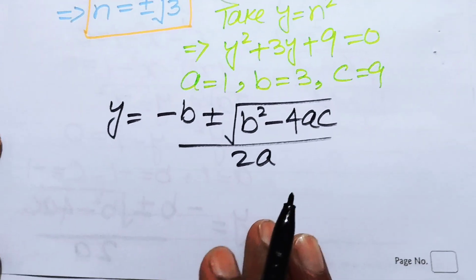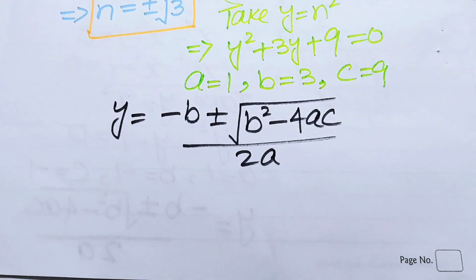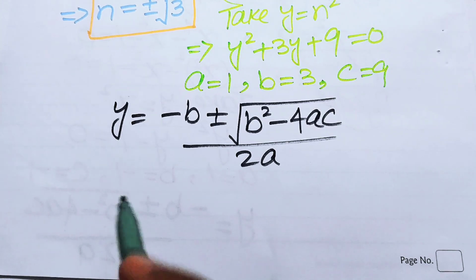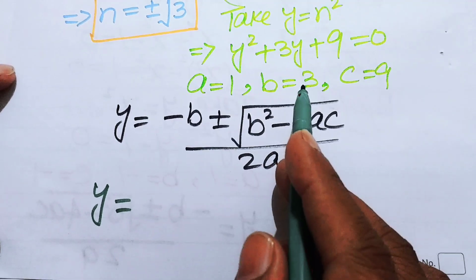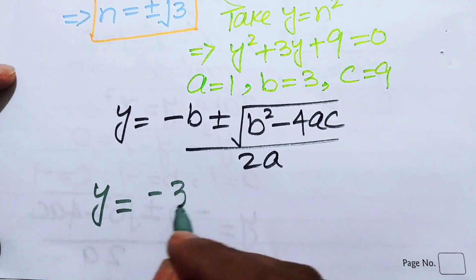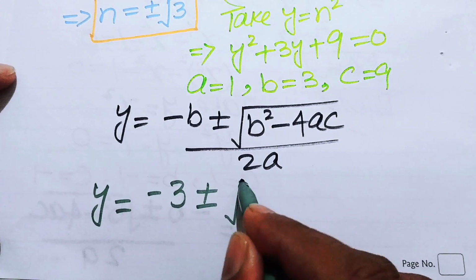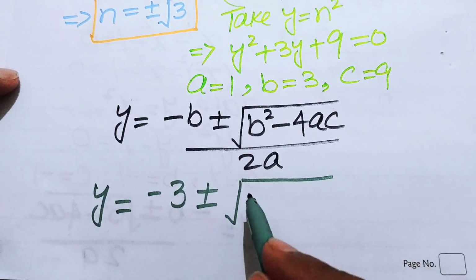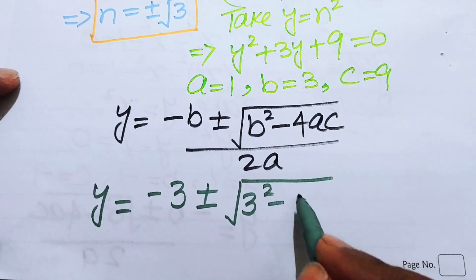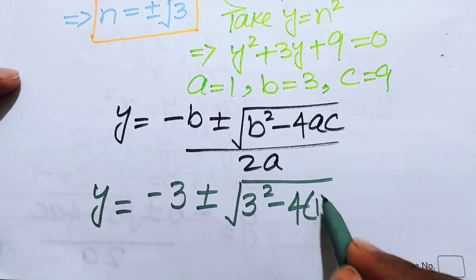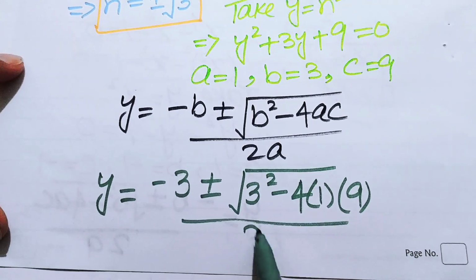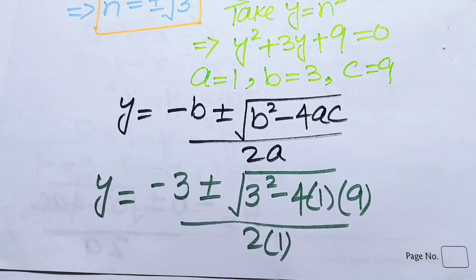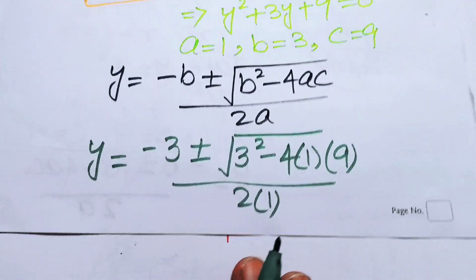So now we substitute all the values of a, b and c in this nice formula, and we move towards our final answer. So we have y equals minus b, and the value of b is 3, so it becomes minus 3 plus minus square root of b square, so it is 3 square minus 4 times a, which is 1, and c is 9, divided by 2 times a, and our a is 1.